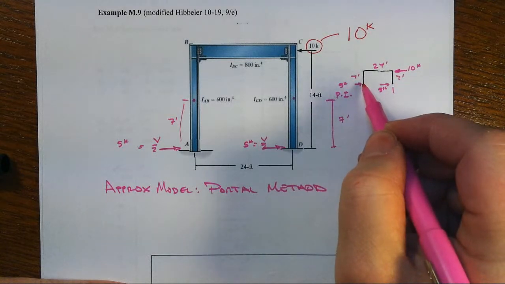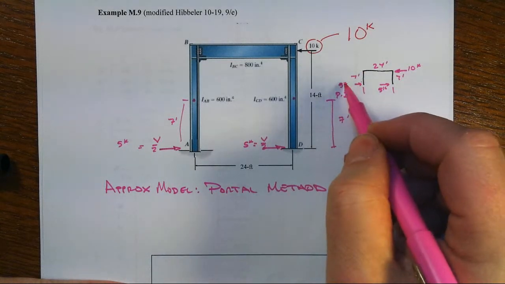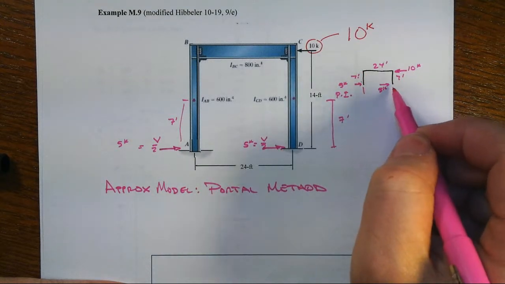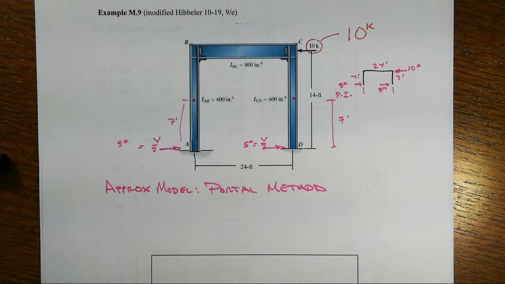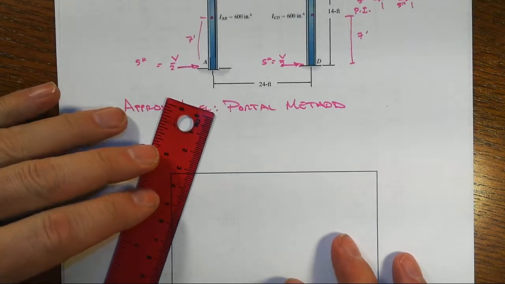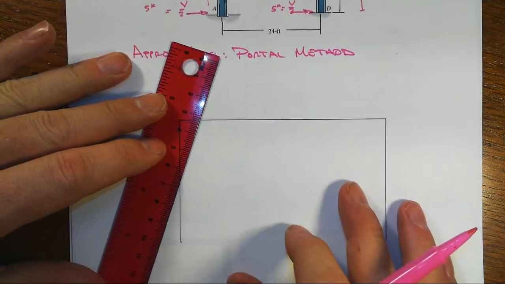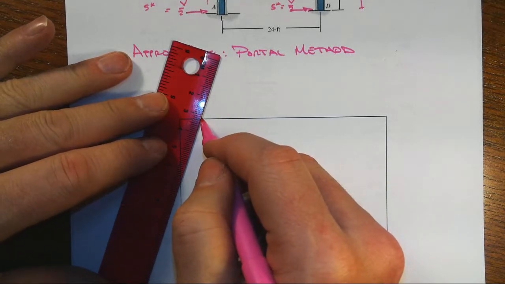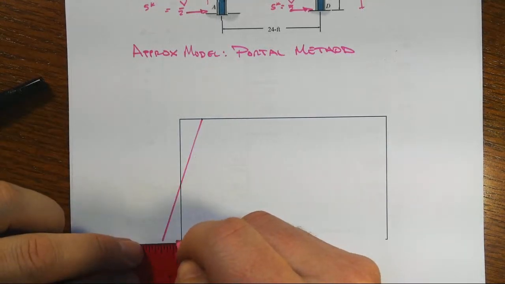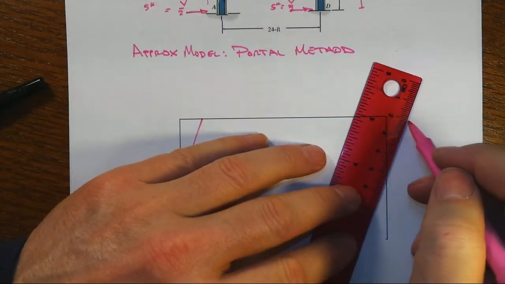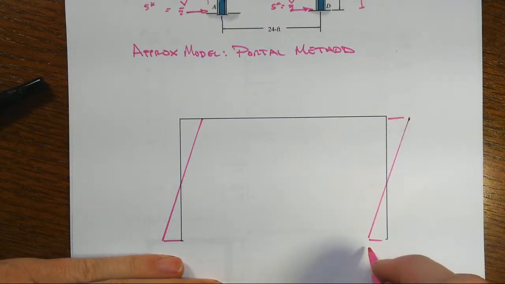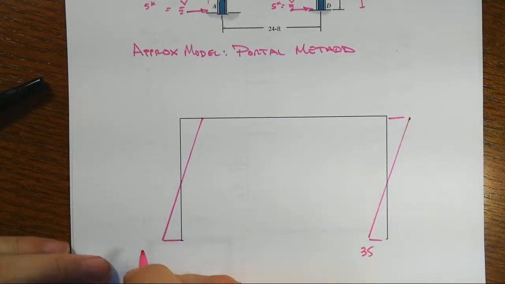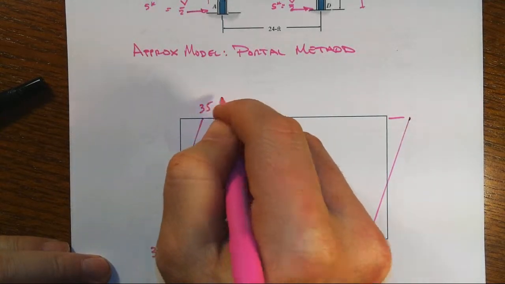So that makes it easy here that at the top of the column we're going to have 35 times 7, or 35 foot kips, and at the bottom of the column, because we're at the mid-height, another 5 kips times 7 feet to get that particular moment. And we'll end up then with the moment diagrams for the columns being nice and symmetric, and they will be then at, let's see, remember 5 times 7, so 35 on either end because of that symmetry that's going on.